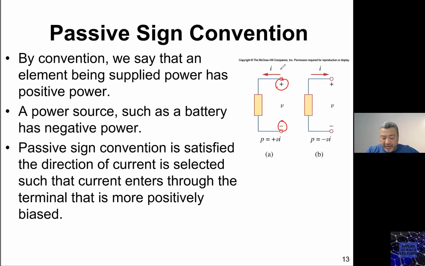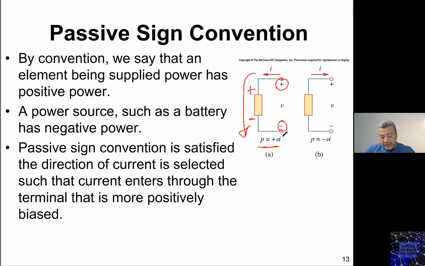If I have the current entering, which means if this is positive here, I know that the positive is also here and the negative is here. So if this current is entering the positive terminal, leaving the negative terminal, then in this case, the power would be written as positive. In other words, the component that absorbs energy will have its power as positive.